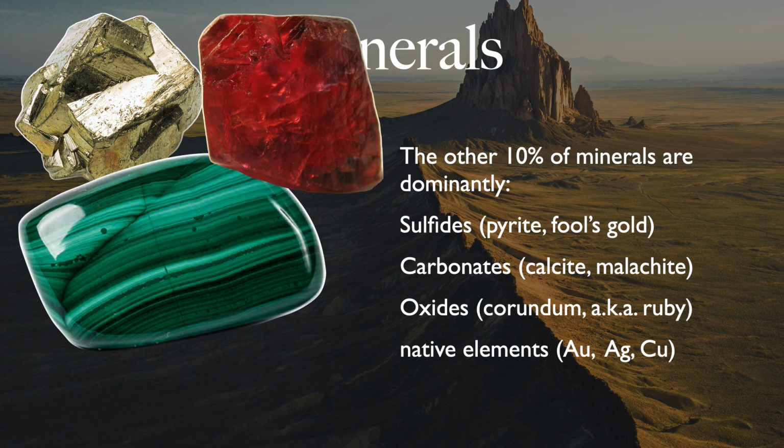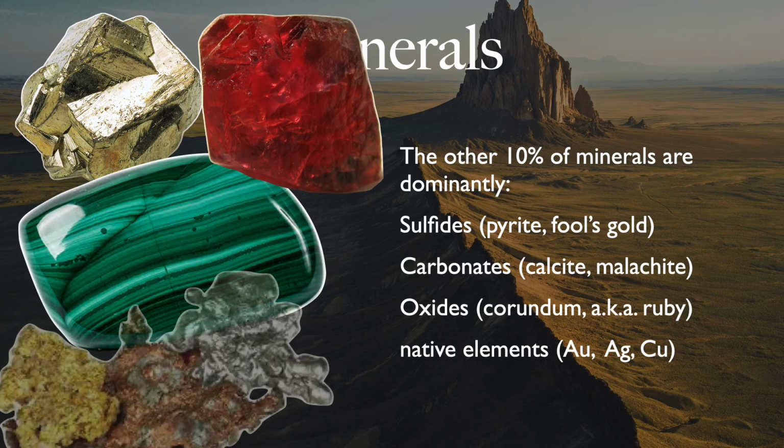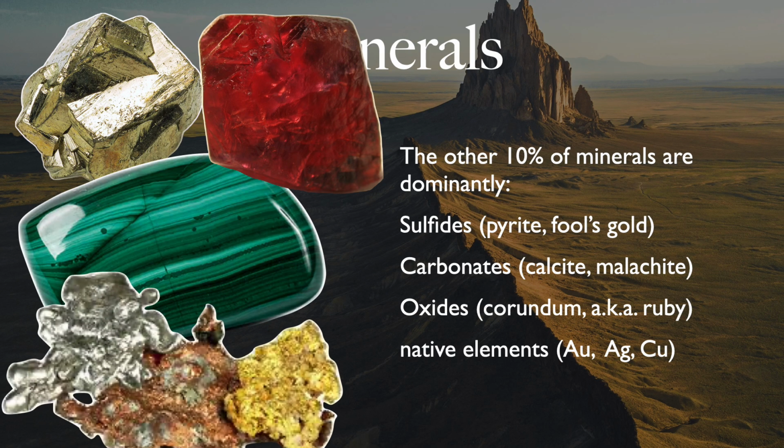They just have other tiny trace elements that change the color of these different crystals, but the actual mineral itself is the same. They're both corundums. And then finally, we also have our native elements, such as gold, silver, and copper. So that makes up the other 10%.